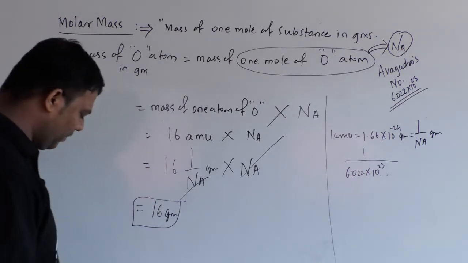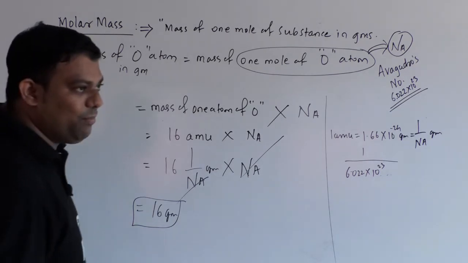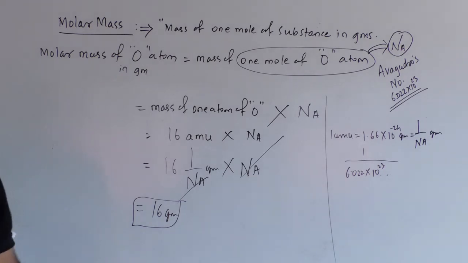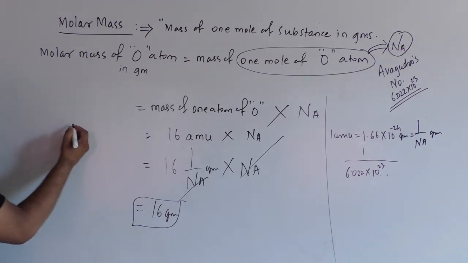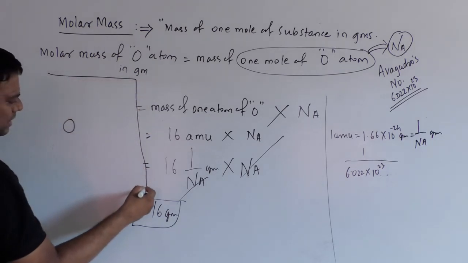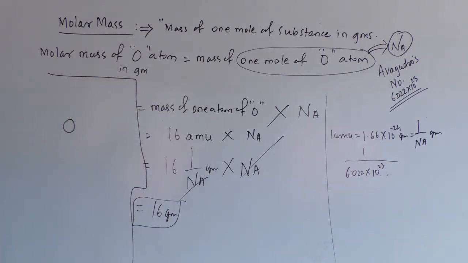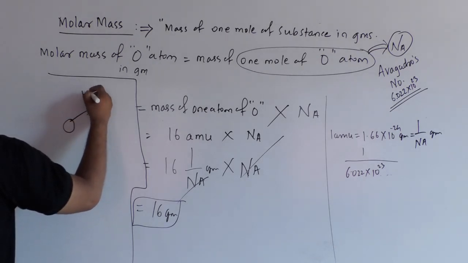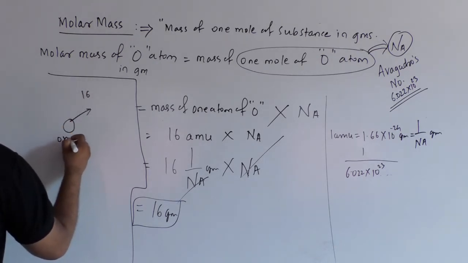ठीक आहे. And what beta? Molar mass of oxygen atom. So see here, suppose here what beta? Your oxygen. So I will rewrite like this. Suppose this what? Your oxygen. हे तुमचं ऑक्सिजन आहे.